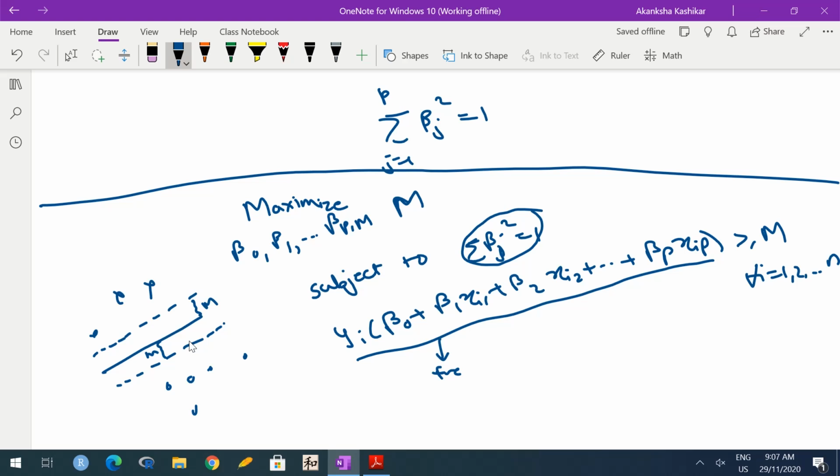This current classifier, the maximal margin classifier, is called a hard margin classifier because you are not allowing any misclassifications. Your equation says that this quantity should be positive and greater than m for every i. So no observation is allowed to get misclassified, and no observation is even allowed to be inside the margins.